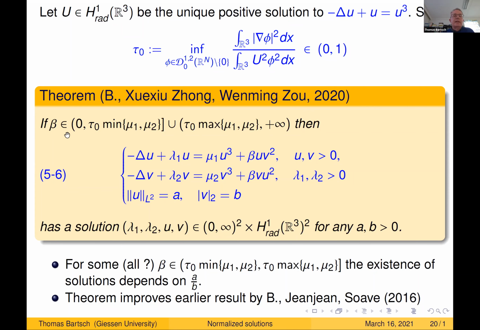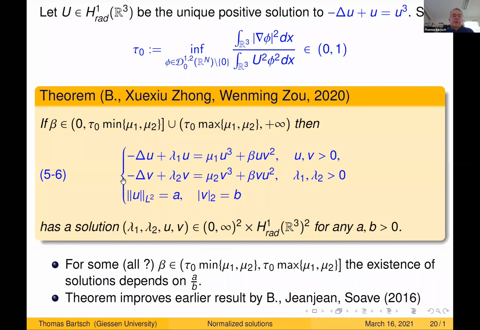The range where beta lies is given by the values mu1 and mu2, which we assume to be positive, and a number tau 0, which is also explicitly given. You take the solution U of this problem here, the unique positive radial solution in H1. You take this inf. This is a number between 0 and 1. It's not difficult to prove.